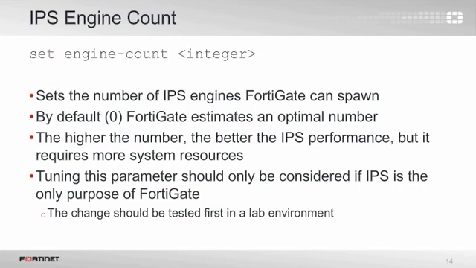Conversely, reducing the number of IPS engine processes alleviates system resources, but reduces IPS performance. You should tune this parameter if IPS is the only purpose for deploying FortiGate, and only after you thoroughly test the setting change in a lab environment.